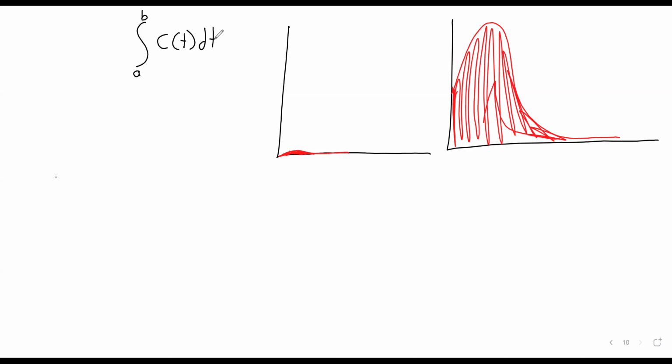So 100 plus 2 times 71 plus 2 times 50 plus 2 times 35 plus 25. The first and the last aren't doubled, the rest of them are.